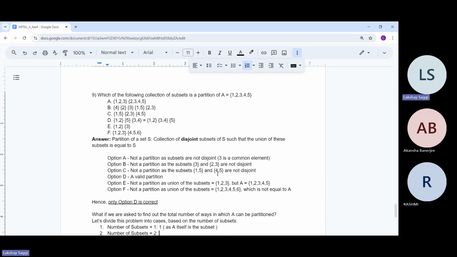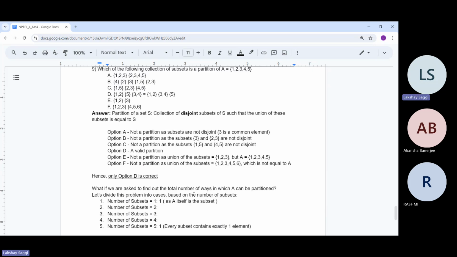So I claim that I can partition this in this many ways. Okay, so I think I may have been mistaken here. If we want the number of subsets as 2, there can be multiple cases, right?